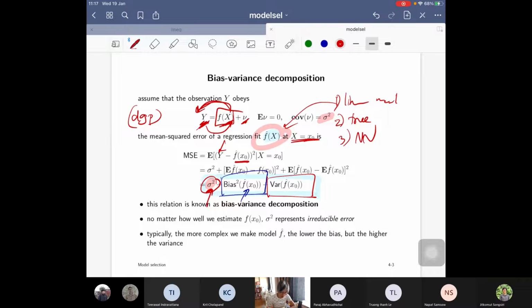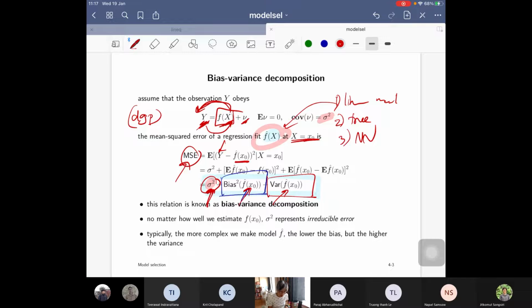All 3 terms constitute the MSE, and all 3 terms are non-negative: noise variance, bias squared, variance. We can show later that bias and variance cannot be made small at the same time.